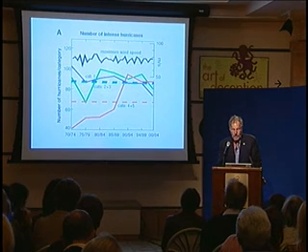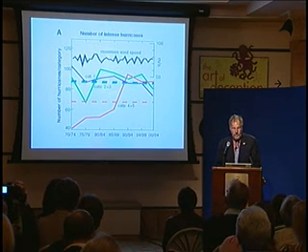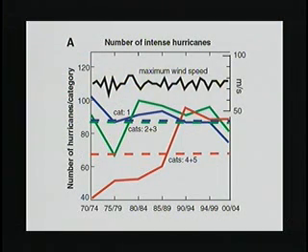What you're looking at here, again, the horizontal axis is time from 1970 until near the present. And there are several things shown here. The top line on here, the black line marked maximum wind speed, has a scale over on the right. And it shows that, remarkably, the maximum wind speed observed in hurricanes hasn't changed very much over this period of about 35 years.